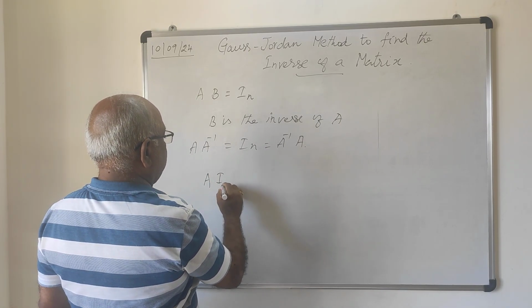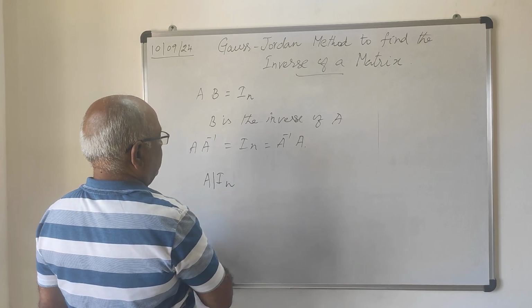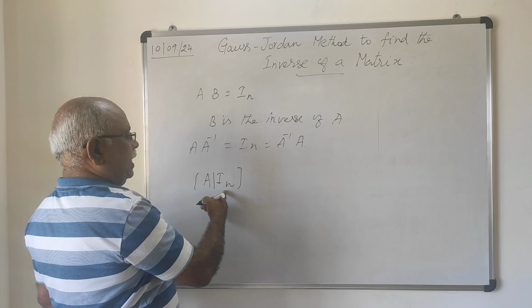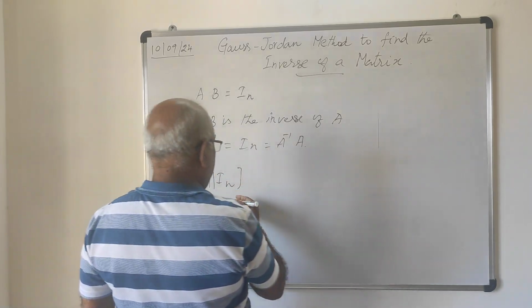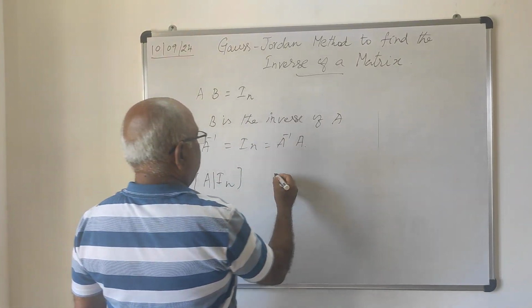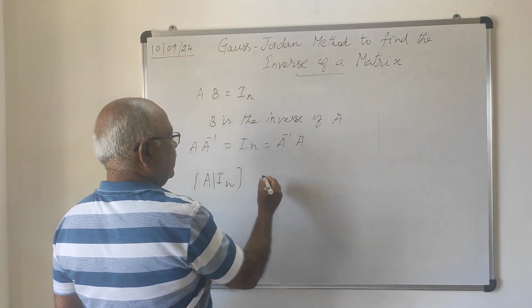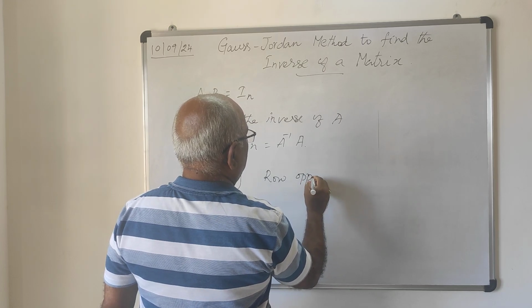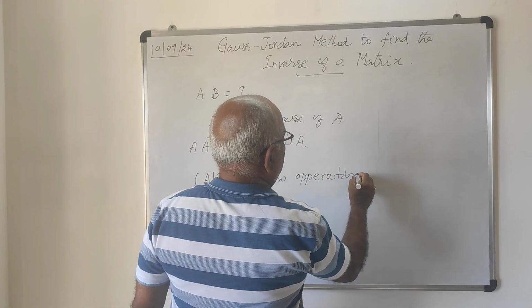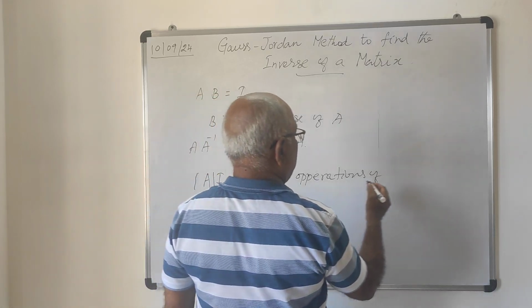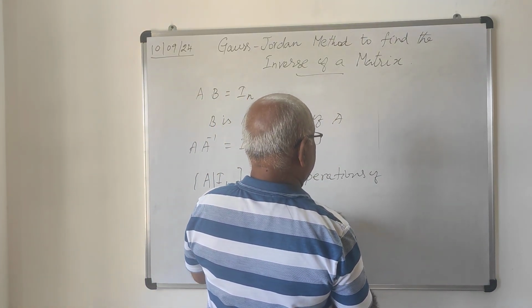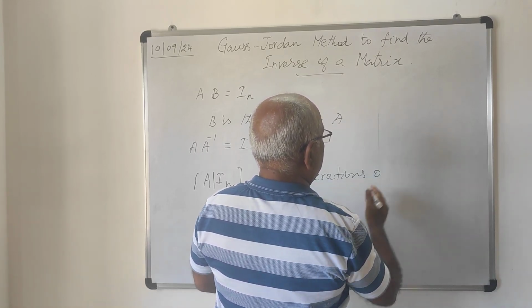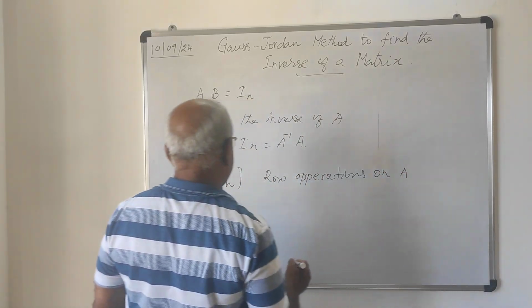So we write A and the identity matrix I n, and after operating row operations on A, row operations on A give you this.